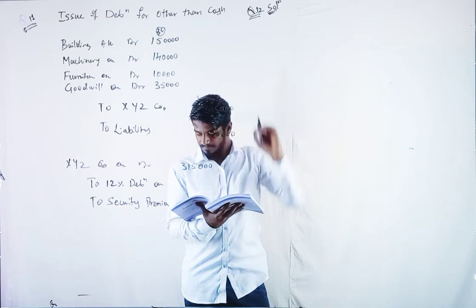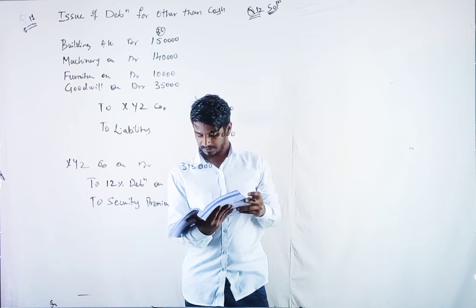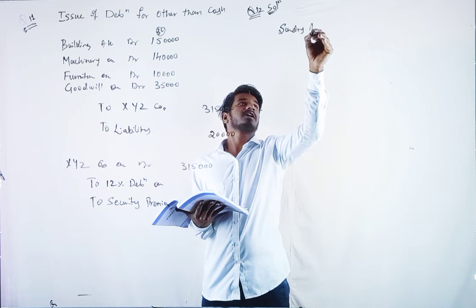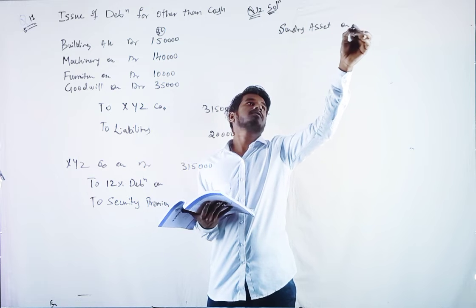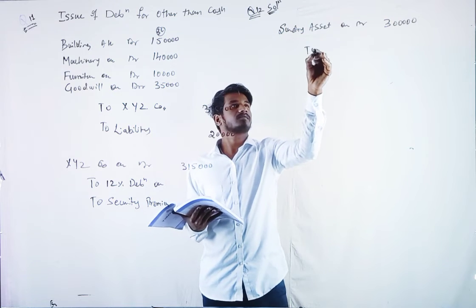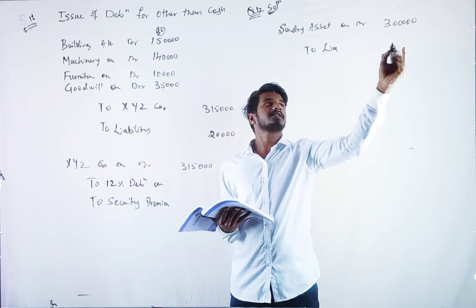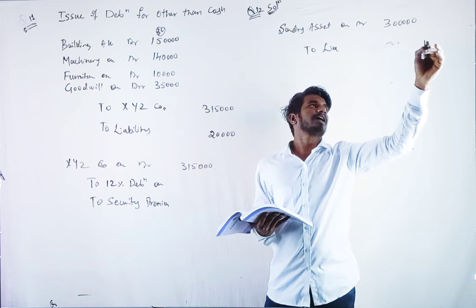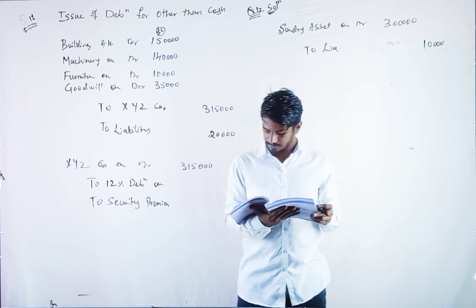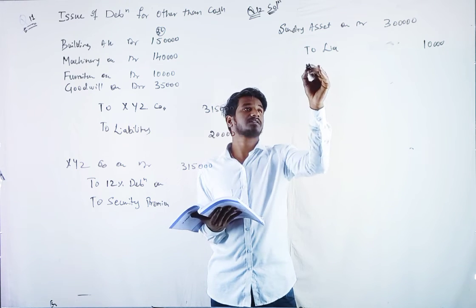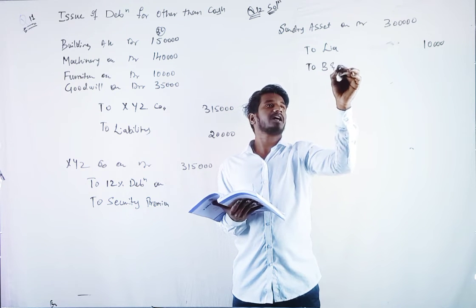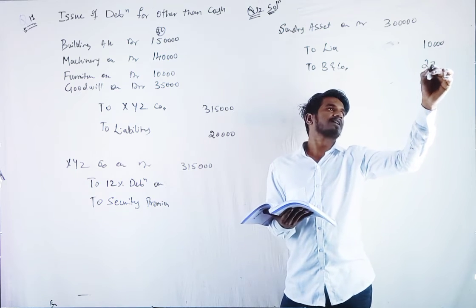They have to cover the assets of 3 lakh and liability of 10,000. Sundry assets account debit of rupees 3 lakh, and the liability is 10,000. And for the purchase consideration of 2 lakh 70,000, B and Company 2 lakh 70,000.